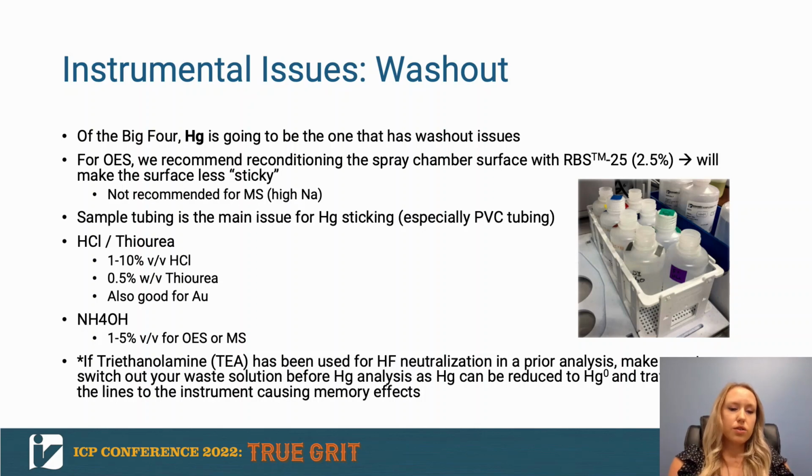Another thing that you want to keep in mind is if you're using triethanolamine to neutralize hydrofluoric acid in any analyses that you're running at a similar time to your mercury analysis, because the TEA can actually reduce mercury to the metallic form in your waste container, and that can cause the volatile mercury to come back up your lines and cause your results to be skewed for subsequent analyses.